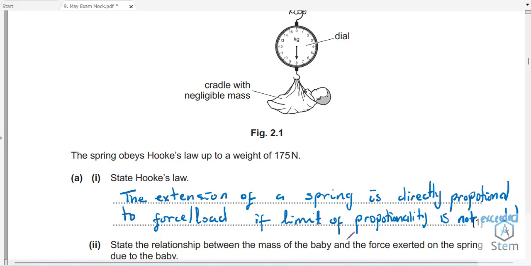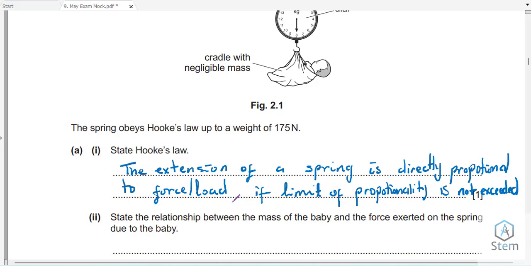So Hooke's law says the extension of a spring is directly proportional to the force or the applied load if the limit of proportionality is not exceeded. So you just need to memorize that one.